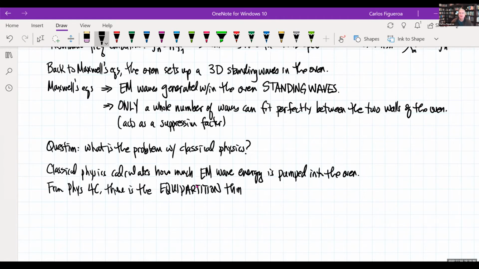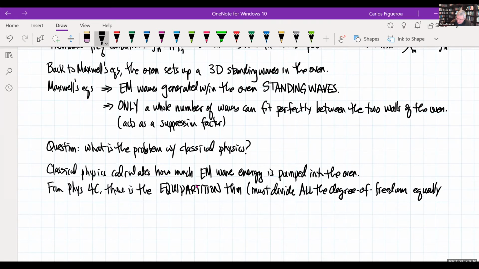And remember what the equipartition theorem says. It says that it must divide the degrees of freedom evenly, right? It must divide all the degrees of freedom equally.